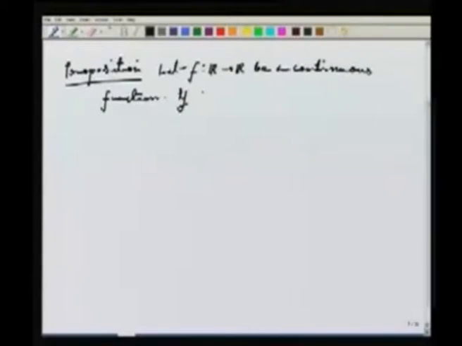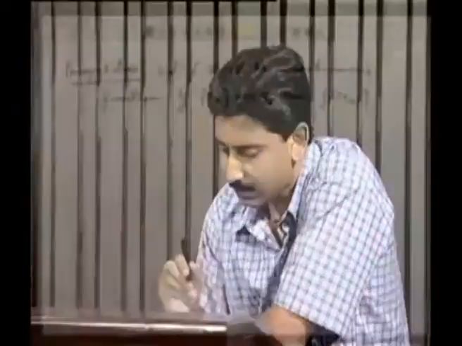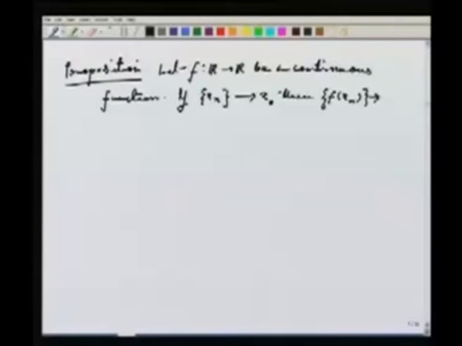If xn, which is a sequence of real numbers, converges to x naught, then if I look at the sequence f of xn, which makes sense, because xn's are just points, I apply f on those points, I get another sequence of numbers which is fxn. Then this fxn converges to the number f of x naught.